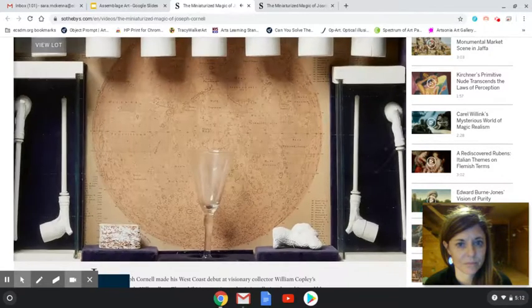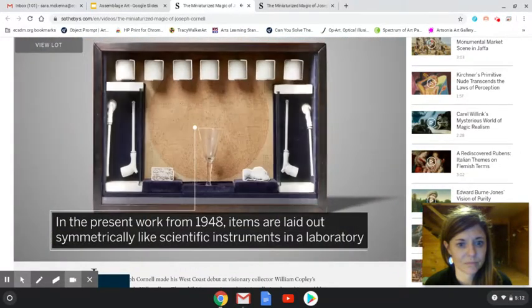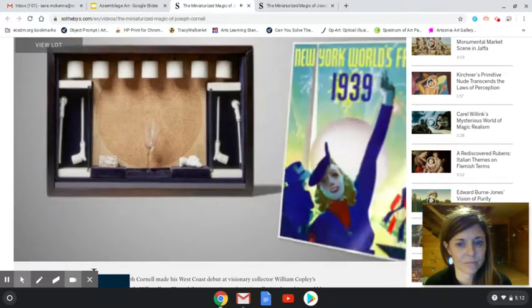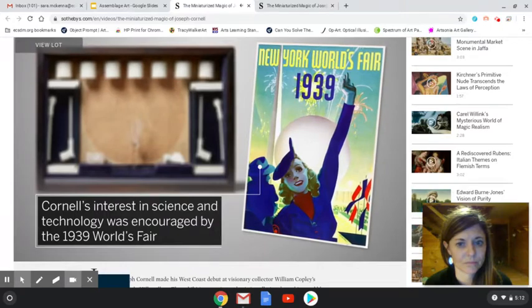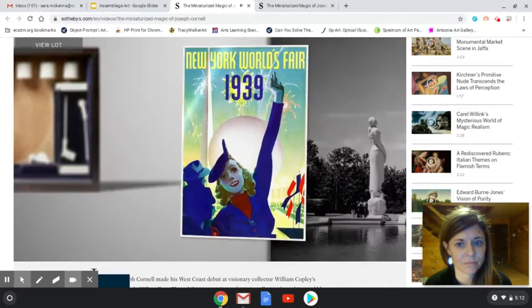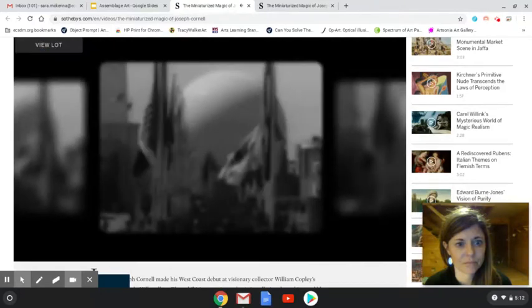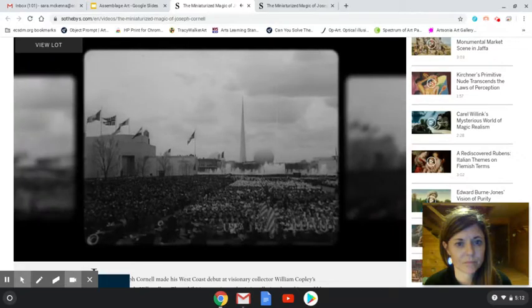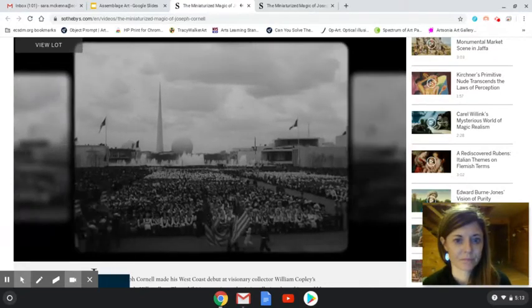In this work from 1948, each item is laid out symmetrically, like scientific instruments in a laboratory. Cornell's interest in science and technology was encouraged by the 1939 World's Fair that took place in his own backyard of Flushing Meadows, New York. He visited numerous times, mesmerized by the futuristic advancements and immersive cultural experiences from around the globe.